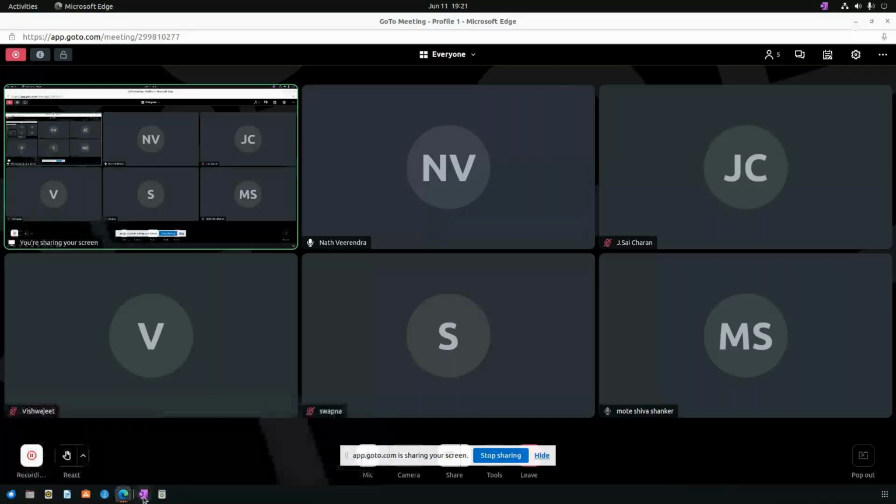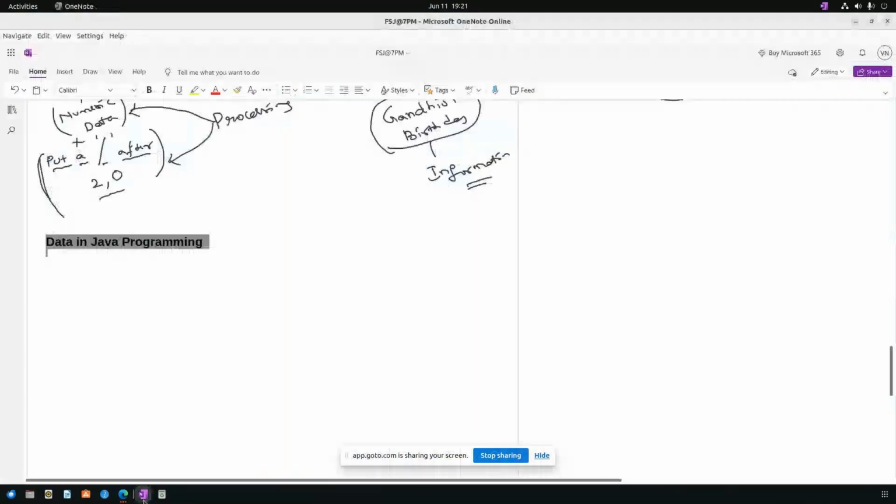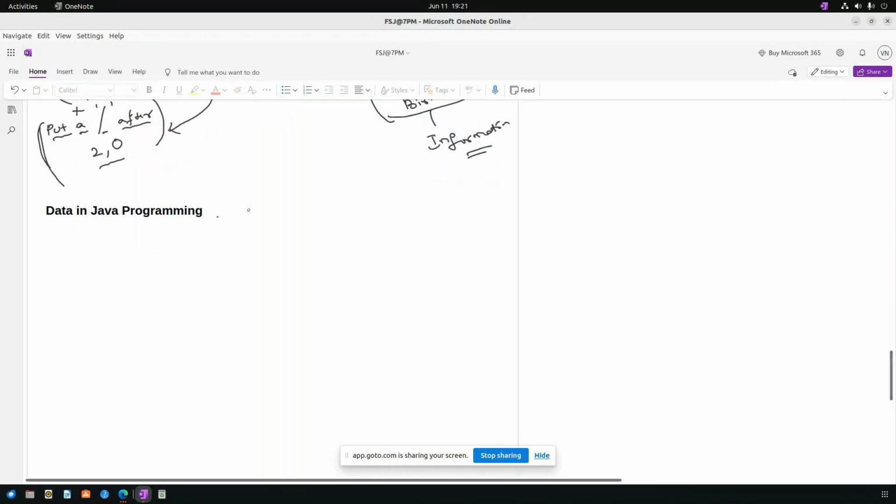Okay. So data in Java programming. We are talking about the data in Java programming. The data, or I should say always, data are represented using three components.